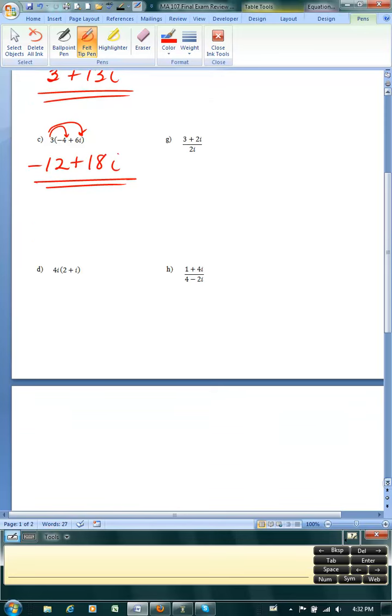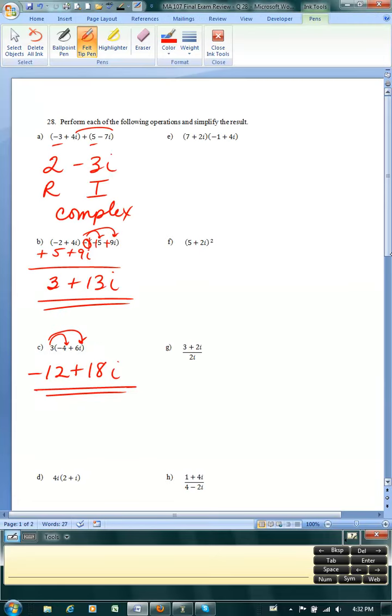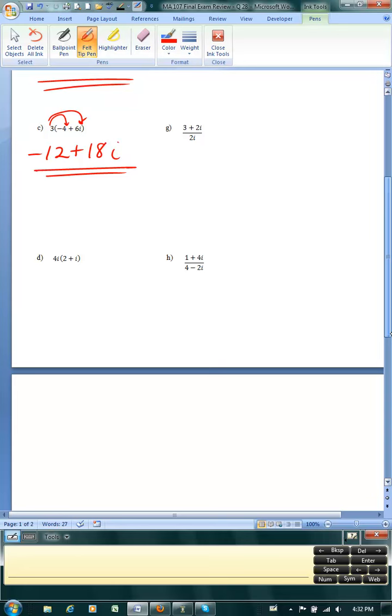Sometimes what you're multiplying in contains an i. For this one now, I'm distributing the 4i to everything behind it, and I get 8i plus 4i squared. Now i squared, i is the square root of negative 1.